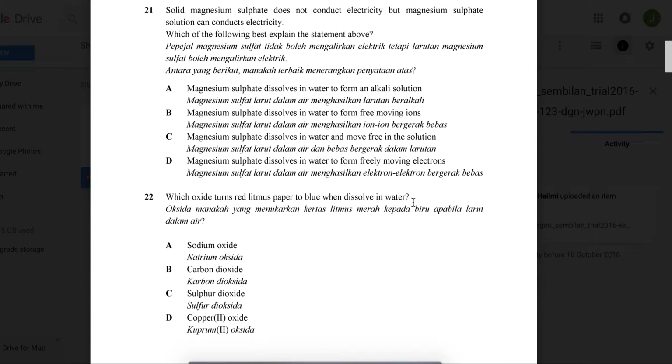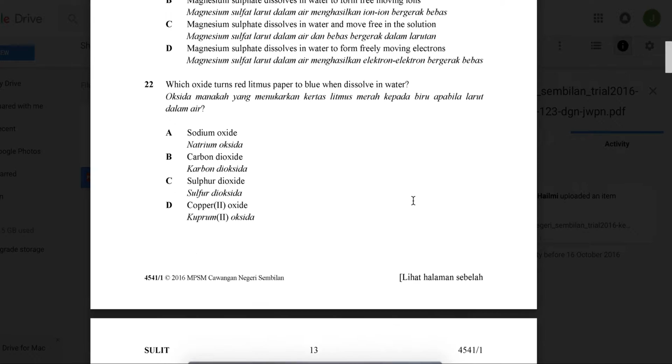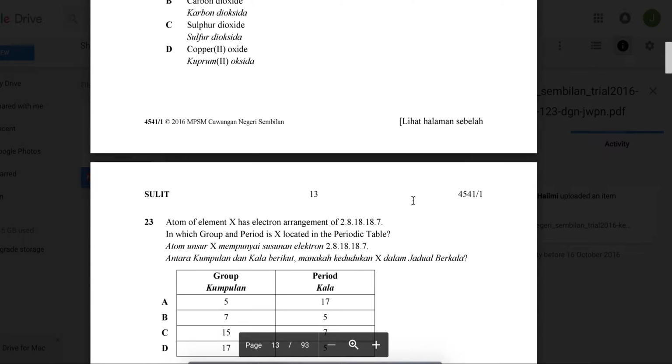This experiment applies to lithium, sodium and potassium because they are all group 1, right, guys? So sodium oxide, that looks correct. Carbon dioxide, that's not group 1. Sulfur dioxide, not group 1. Copper 2 oxide, not group 1. So the answer is obviously sodium oxide, guys, A. You see how we build into it?